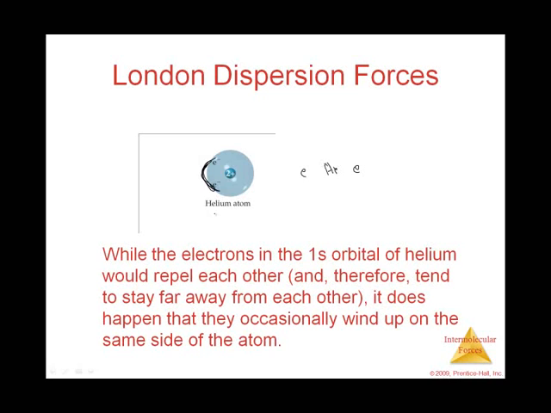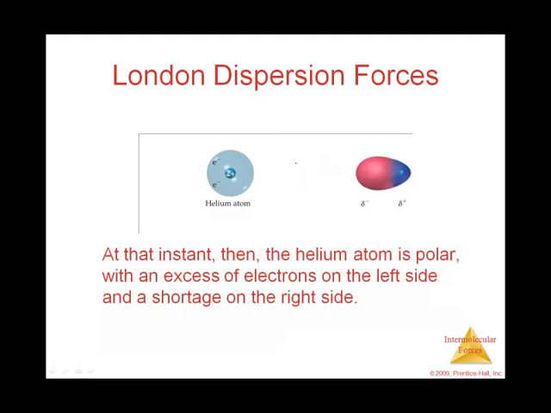And what that does is it sets up a temporary dipole. But as quickly as it forms, it also comes apart, right? Because the electrons are always moving. So it's an instantaneous, very weak intermolecular force. So for that one instant, the atom or the molecule can become polar.